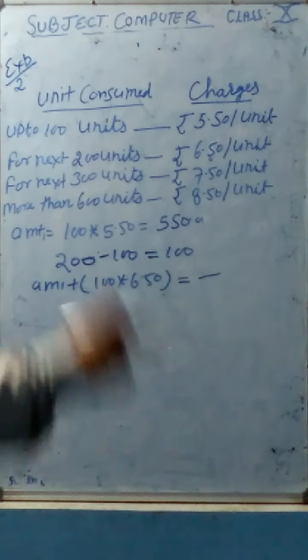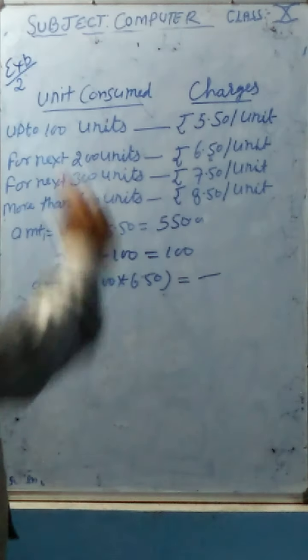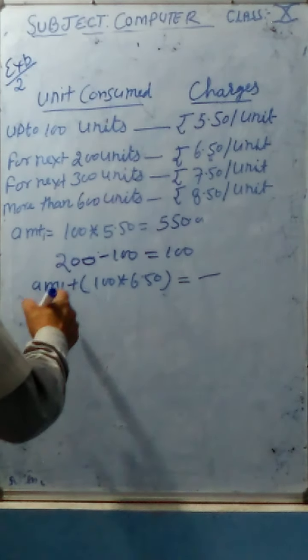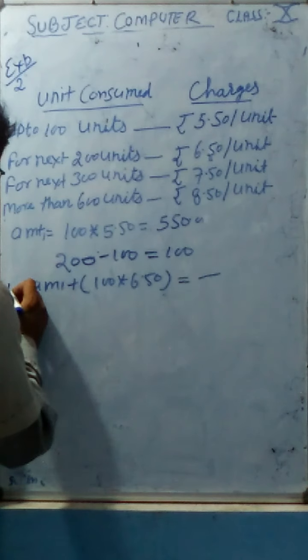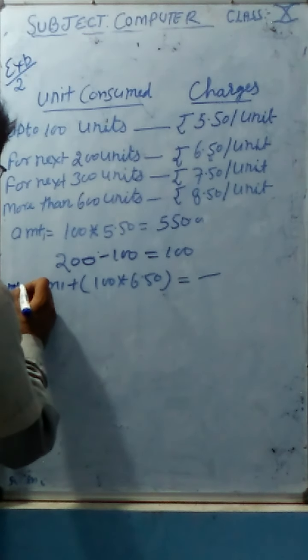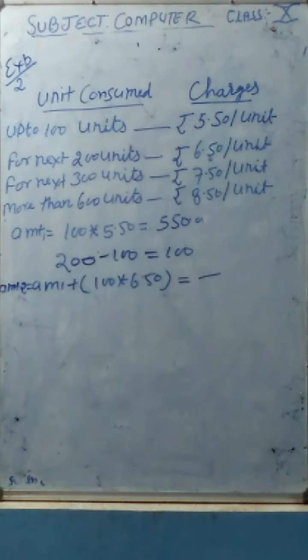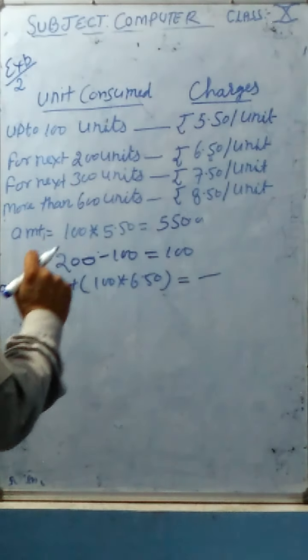Now the question is saying for the next 300, you can take this amount 2. Okay, now first is 300.